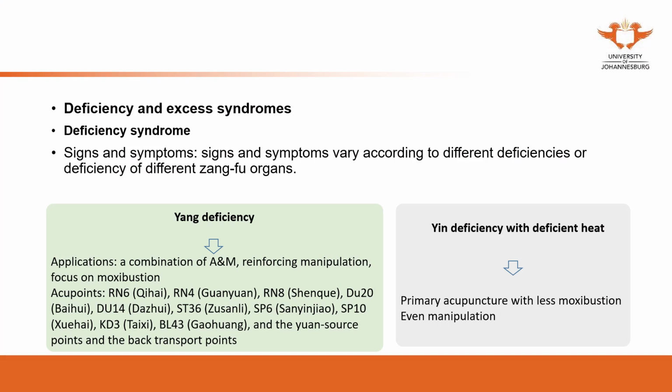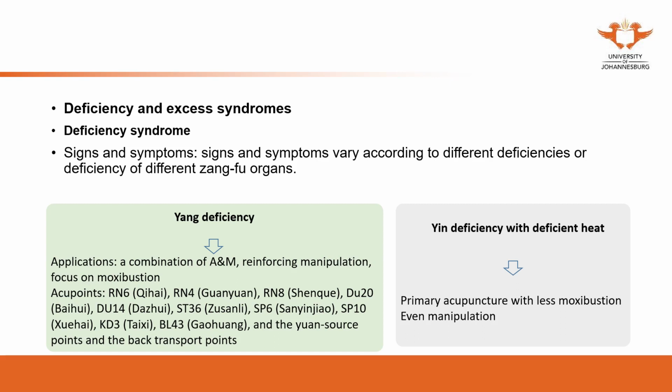In order to understand the deficiency and excess syndromes, firstly we must be clear about the terms of deficiency and excess. When we study the basic theory, we understand that deficiency refers to the antipathogenic qi, and excess refers to the pathogenic qi or the pathogens.